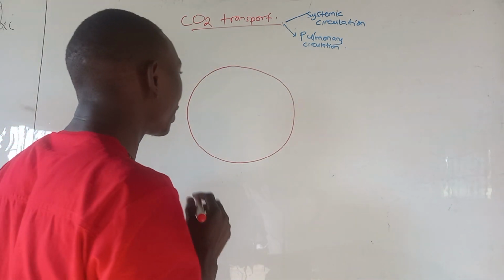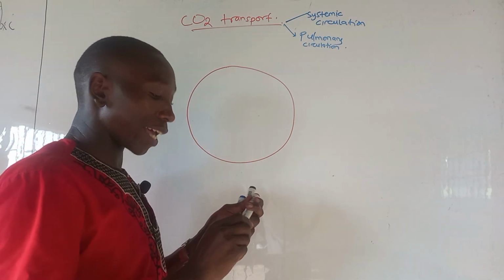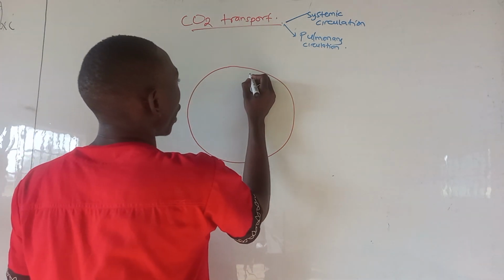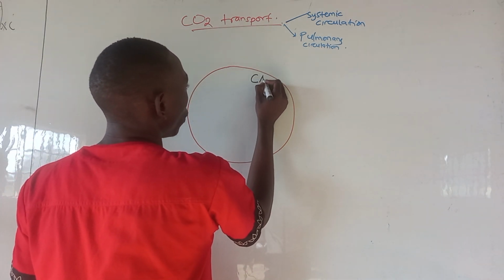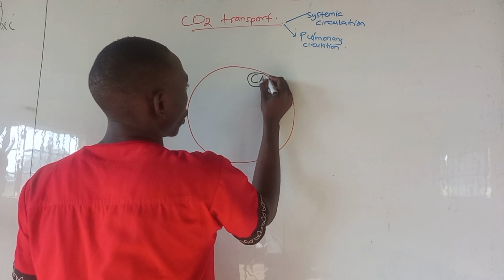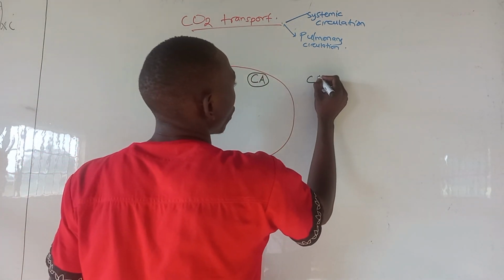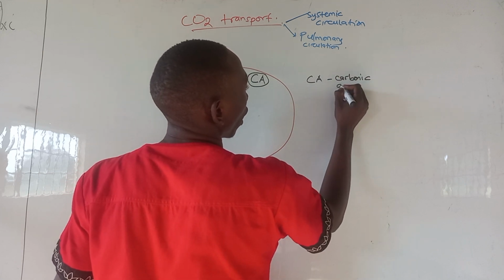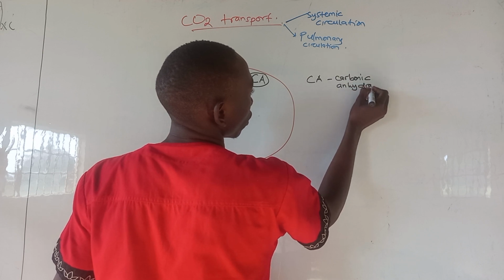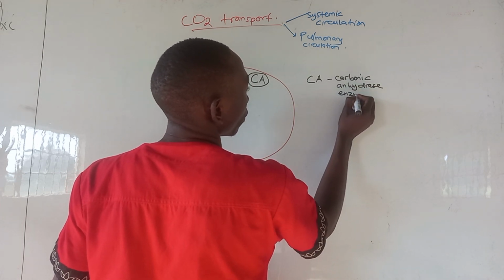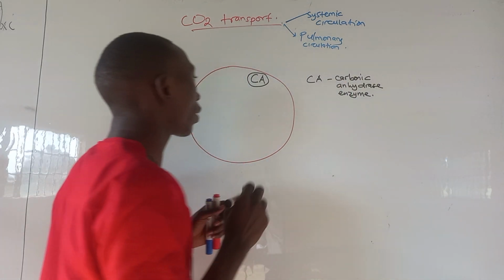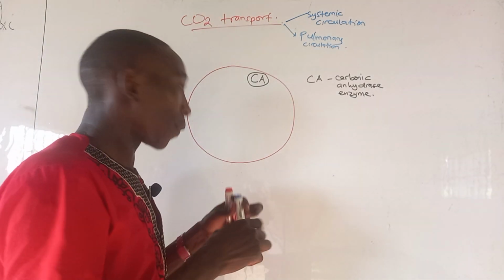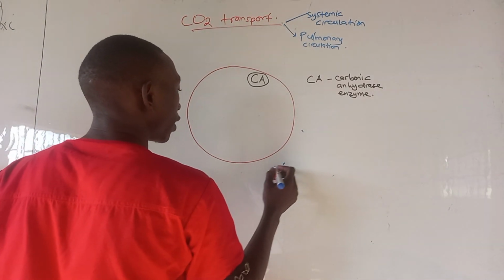In this red blood cell, there is an enzyme called carbonic anhydrase enzyme, which I can put in a short form like this, Ca, meaning carbonic anhydrase enzyme.